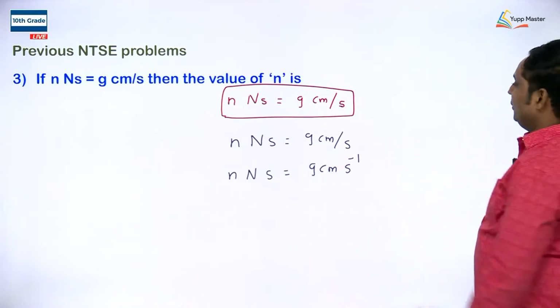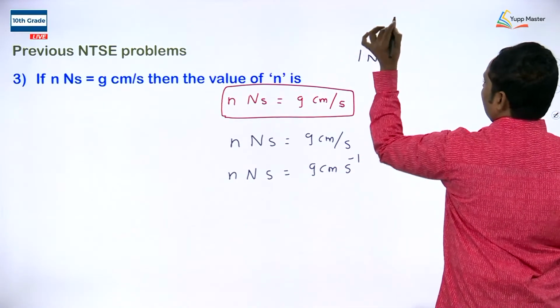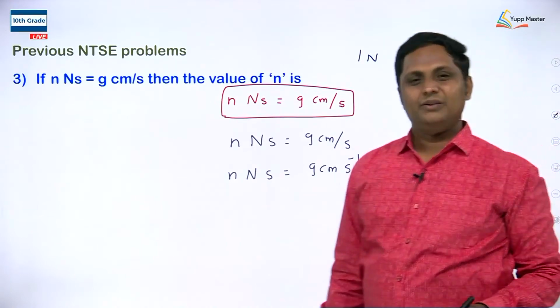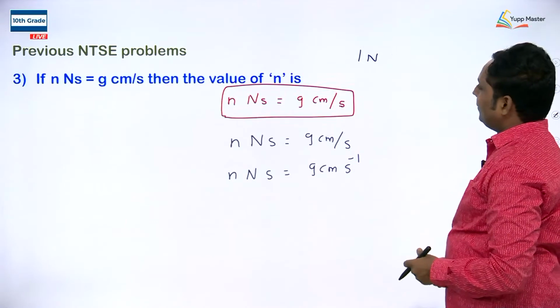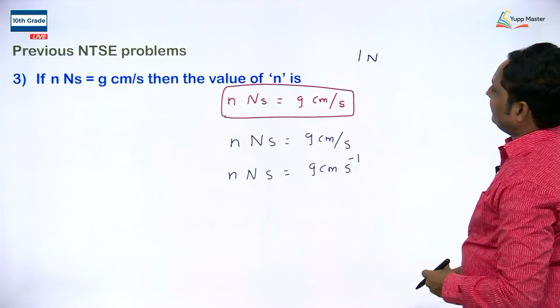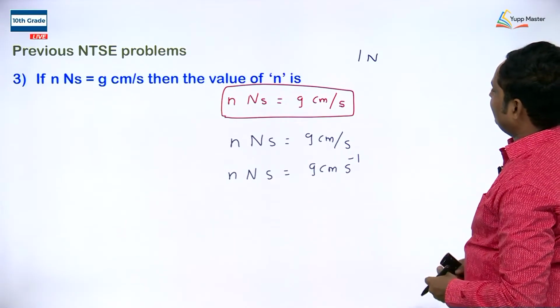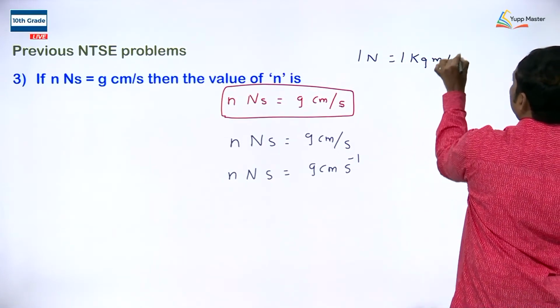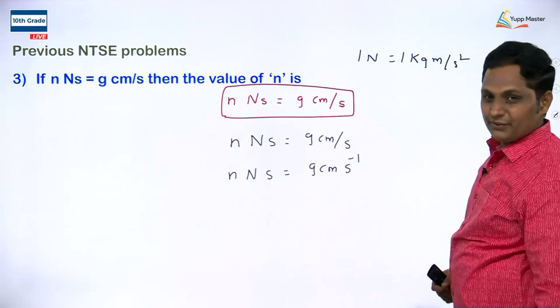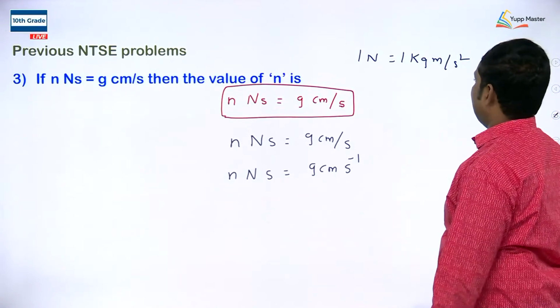Let us assume, you know, 1 Newton is equal to 1 kg meter per second square. This is the case, we are going to have that, all right.